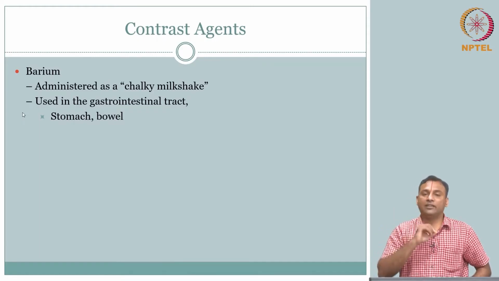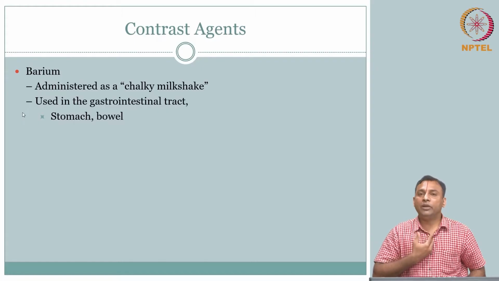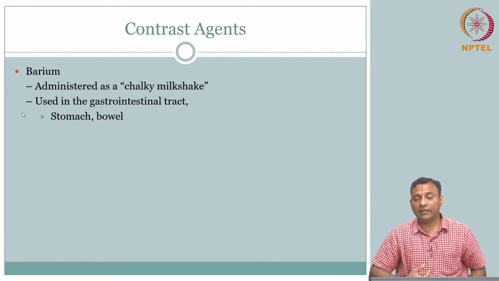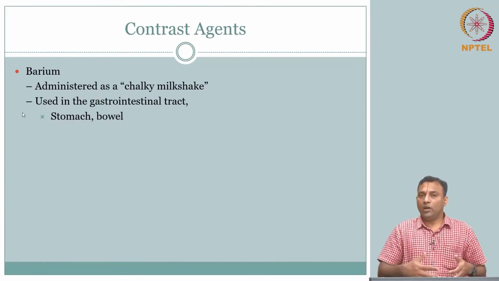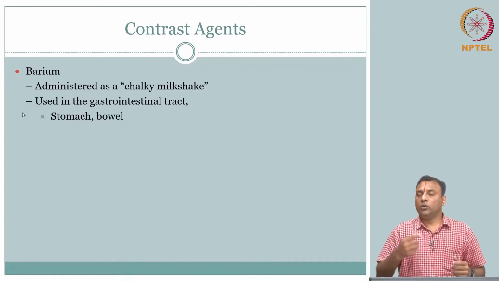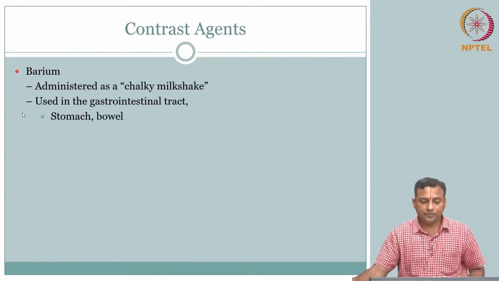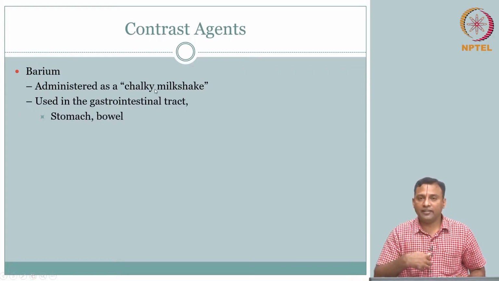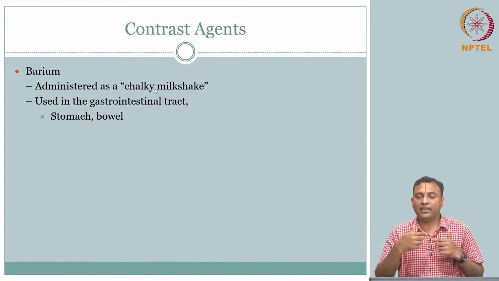Why? Because there are ways to send it into the body. If I want to, for example, image the GI tract, to see if there is a problem in the GI tract, the stomach and then the bowel, it is going through. So, what do I need? I need the milkshake. Wherever it is going, if I send my X-rays, it is going to interact with the X-rays and attenuate.